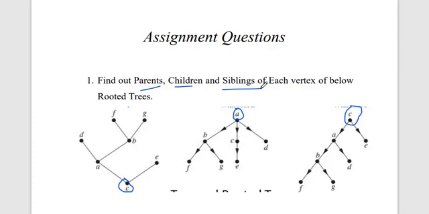I have already told you which vertex is the root for each graph.